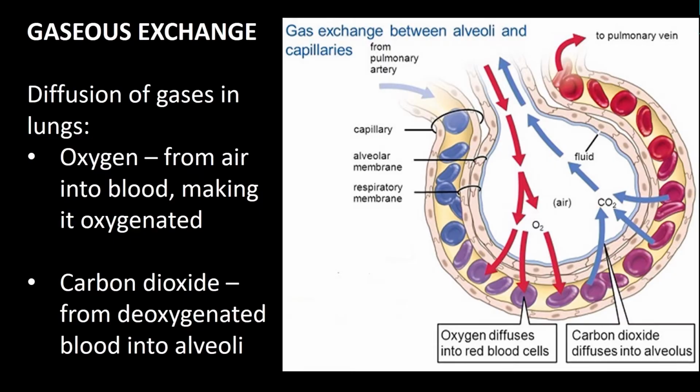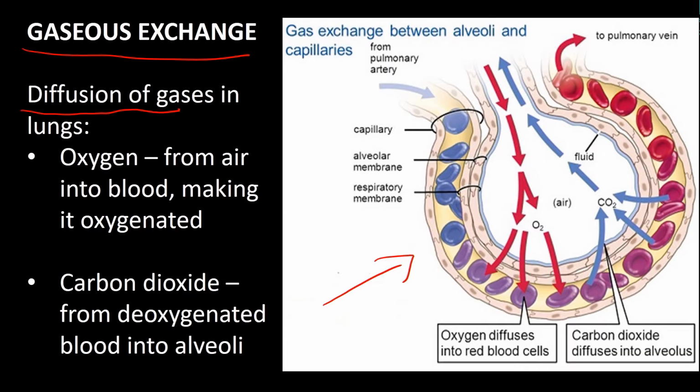Let's have a look at what actually happens inside each alveolus. So this picture is one of those alveoli where gaseous exchange occurs, and gaseous exchange always occurs by diffusion. And remember, diffusion is the movement from a high concentration to a low concentration.